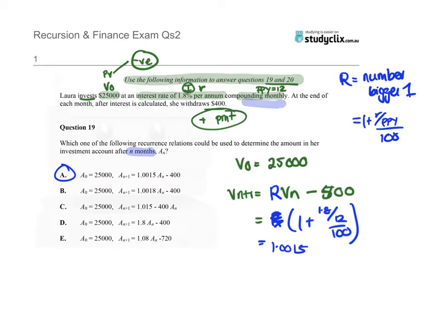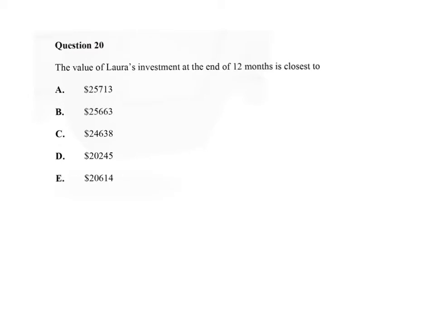All right, all good. This next question is still using what we did before, because it said question 19 and 20. So the value of Laura's investment after 12 months is, now this one, we probably would use finance solver for it, because we don't normally use the nth term when we have a recurrence formula that has the extra payments in.